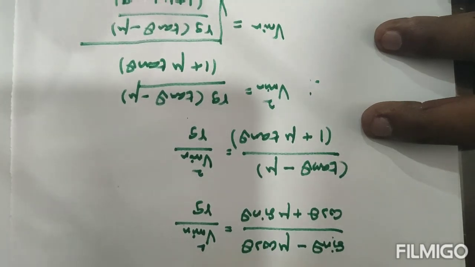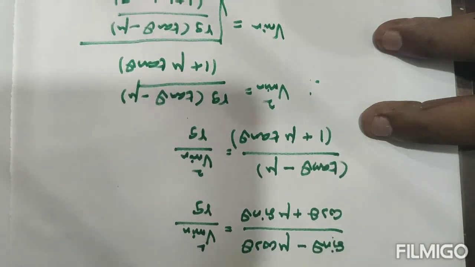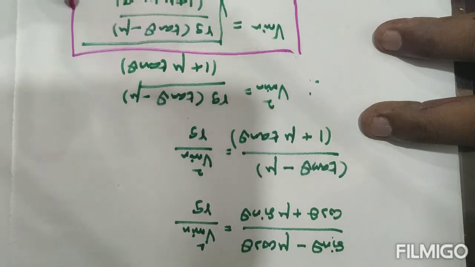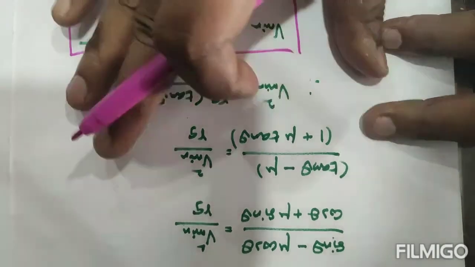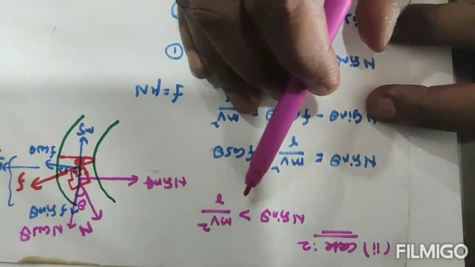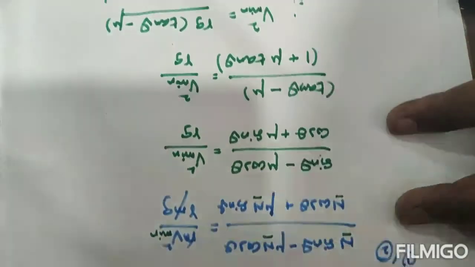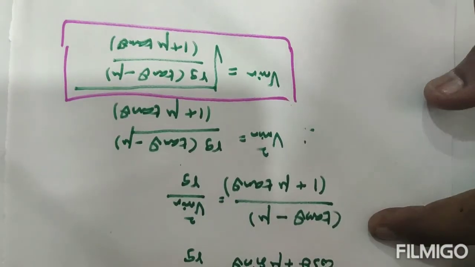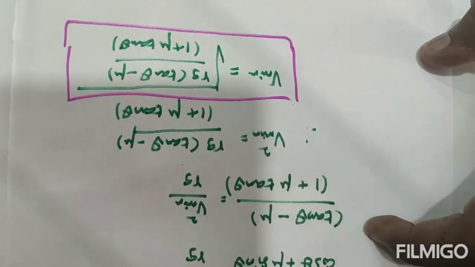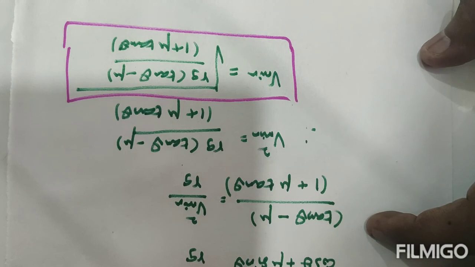Okay, so please listen students. This is a very important derivation. If the N sin theta value is greater compared with the mv squared by r, in this situation we can write V minimum is equal to the whole root of Rg into tan theta minus mu divided by 1 plus mu tan theta.